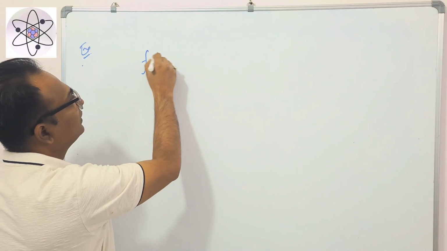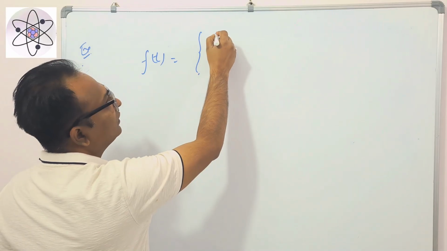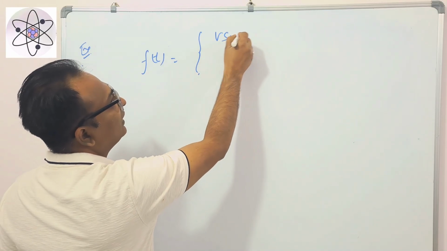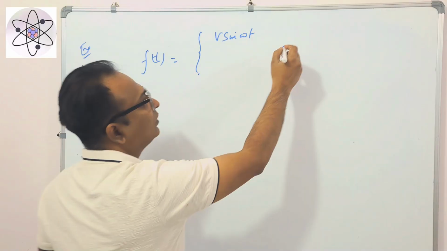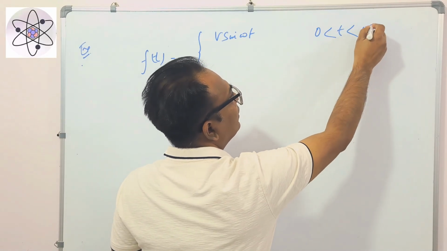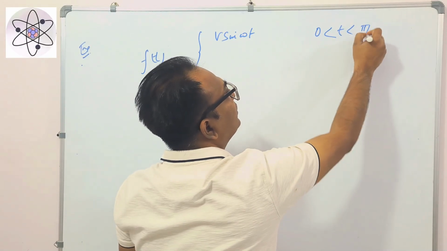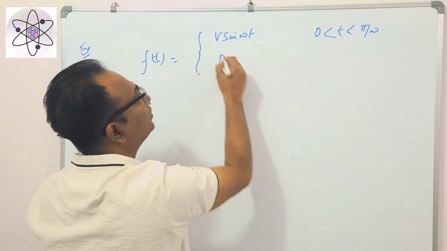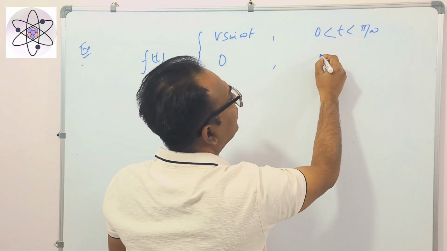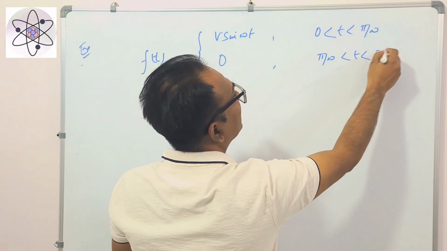Our example is, we have a function f(t) which is equal to V sine omega t for t between 0 and pi by omega, and it is equal to 0 between pi by omega and 2 pi by omega.